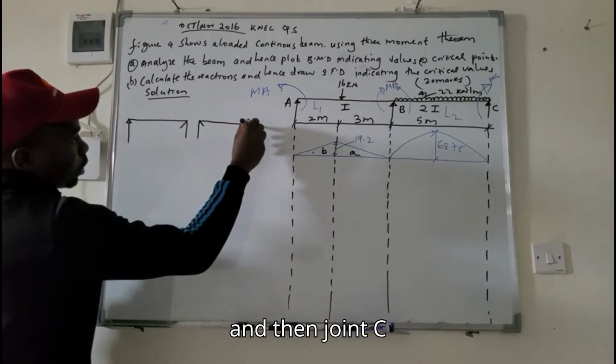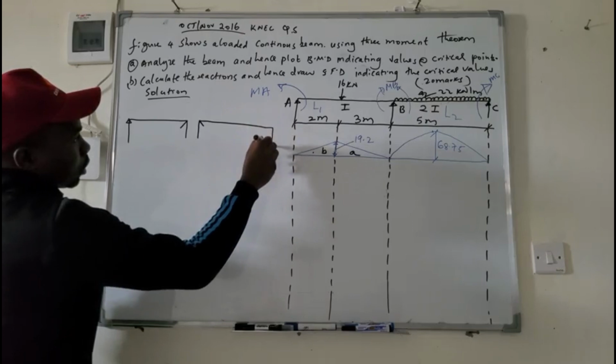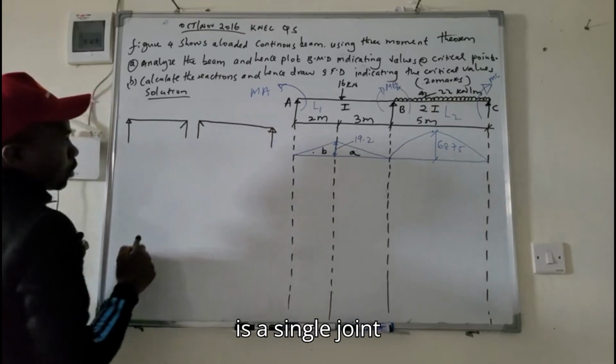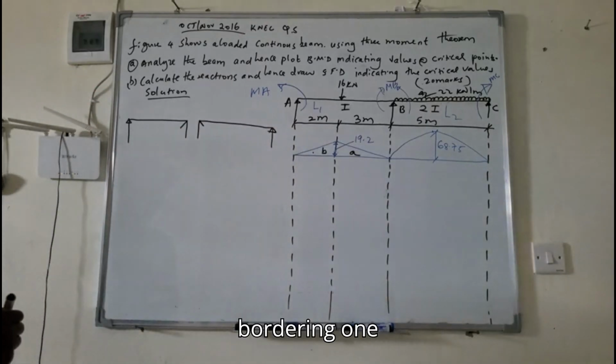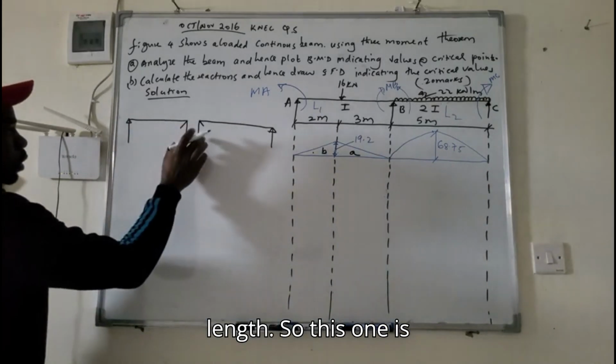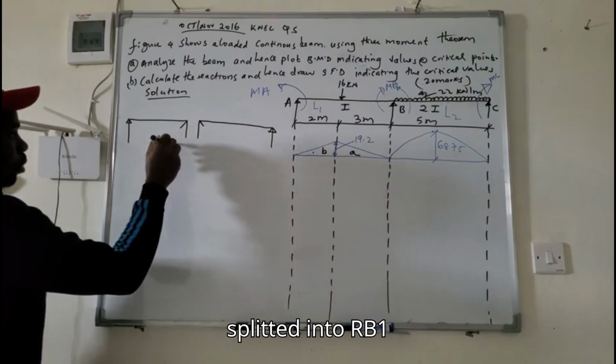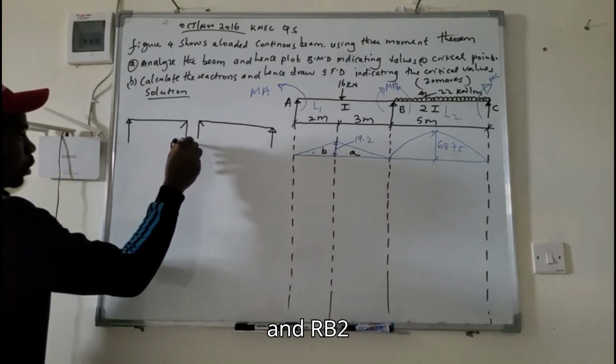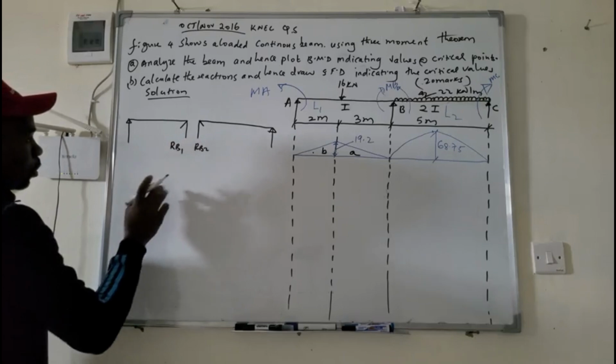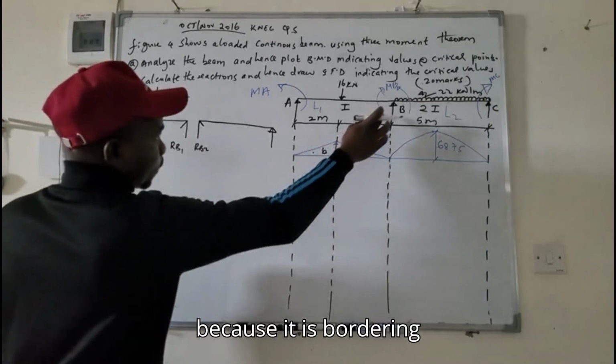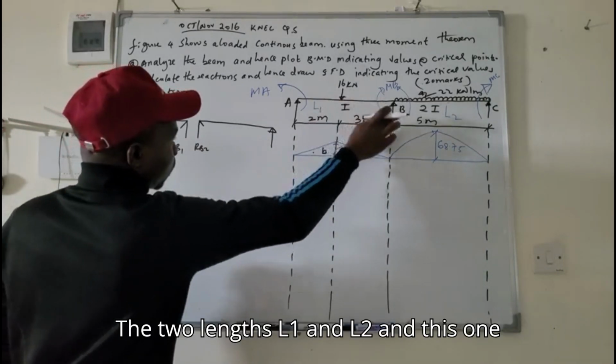And then joint C is a single joint bordering one length. So B is split into RB1 and RB2 because it is bordering the two lengths L1 and L2.